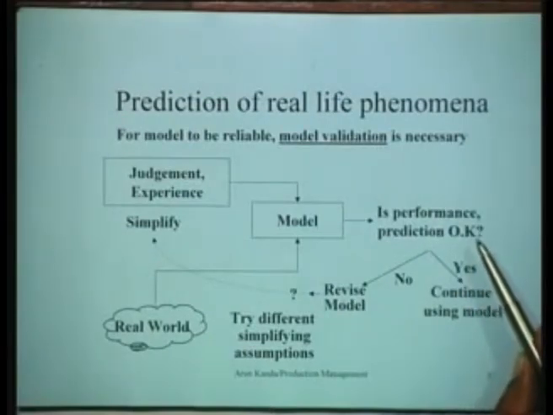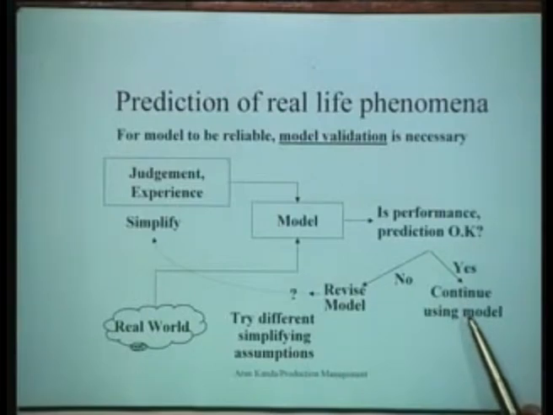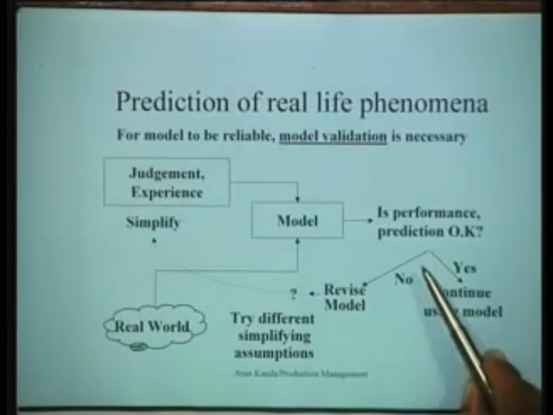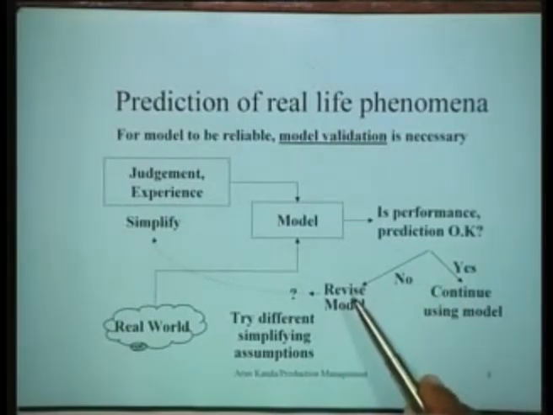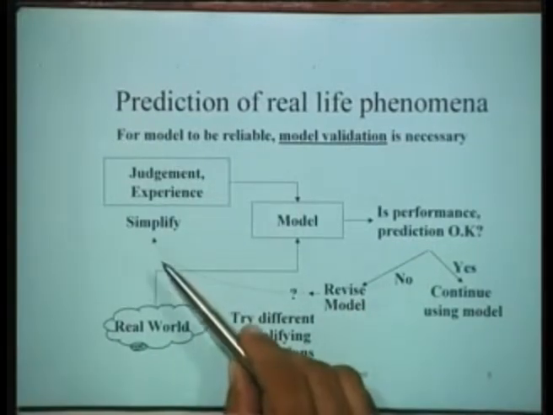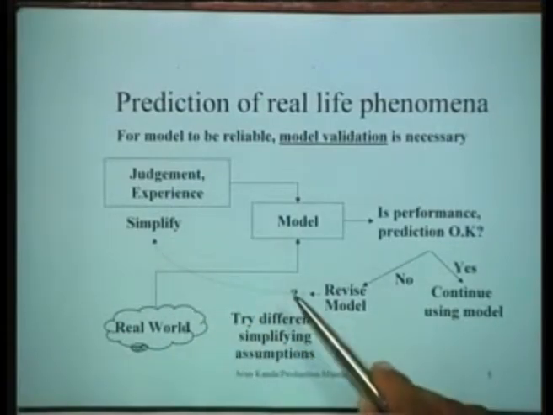And if the performance is okay, you continue using the model. If not, you have to revise the model. The revision of the model could generally take place either in terms of simplifying some assumptions or introducing some additional complexities into the model and so on.